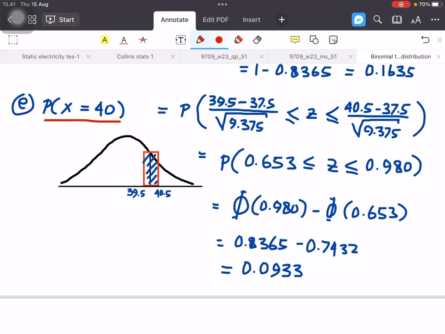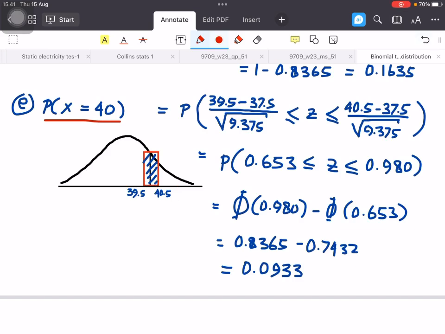But the question asks us to use the approximation of normal distribution. So in this case, P(X equals 40). If P(X equals 40), we shade the rectangle only. So the value of x is from 39.5 up to 40.5.